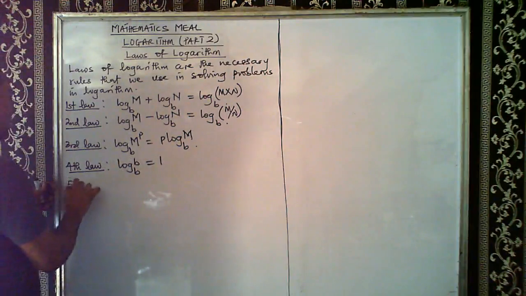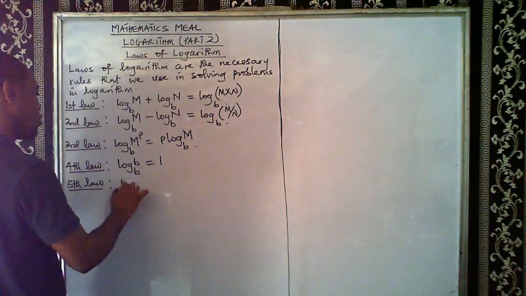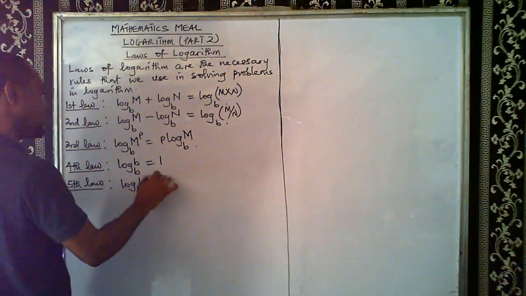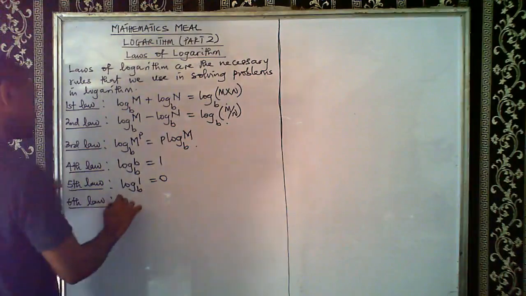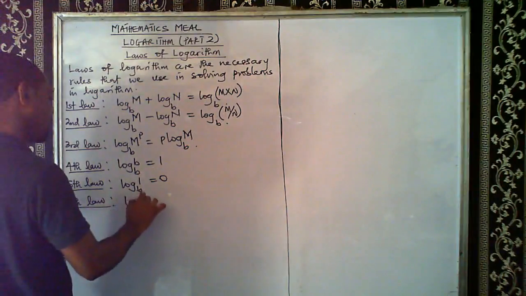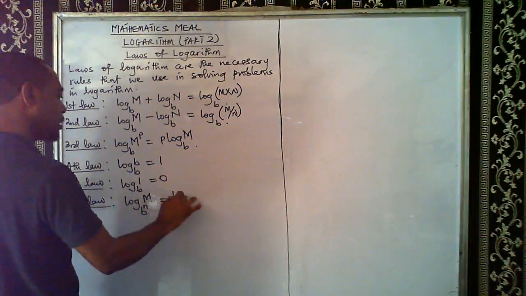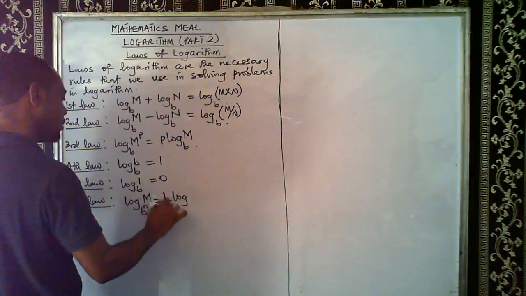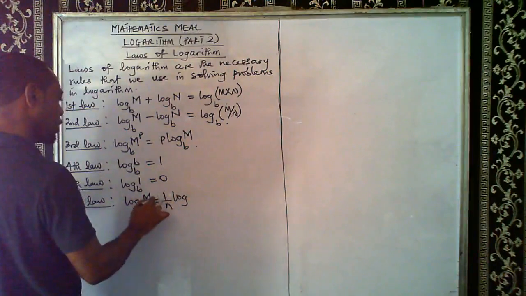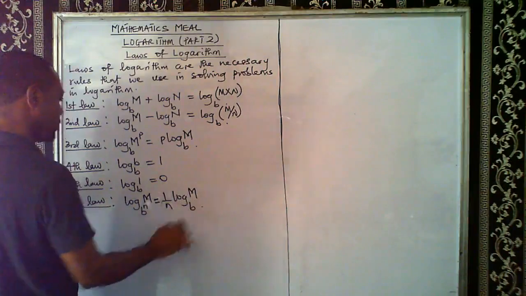Then the fifth law, we have that log 1 in base b is equal to 0. Then we have the sixth law, we have that log m in base b raised to power n is same thing as 1 over n log m in base b.